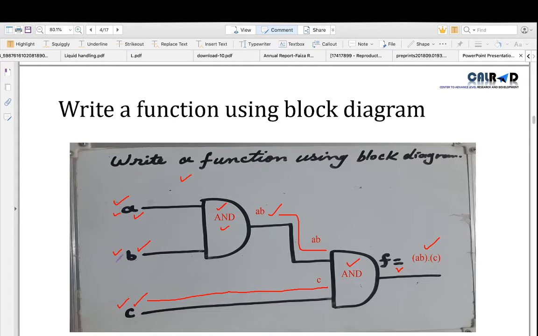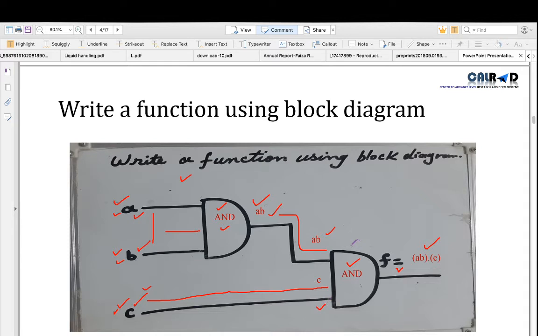So we can say A, B and C. Three inputs are there. Two inputs are connected with AND gate. And what will be the output? Because output of AND gate is the product, so output is AB, and this output is here. Third input is C, and it is connected here.